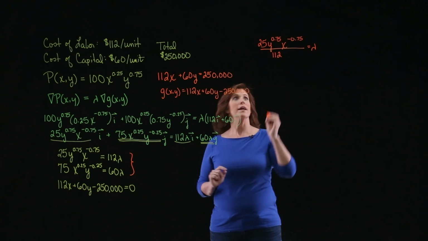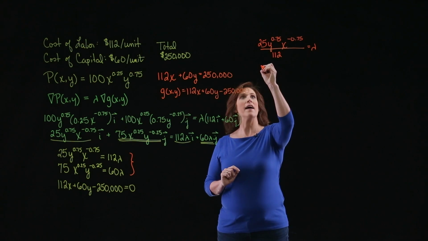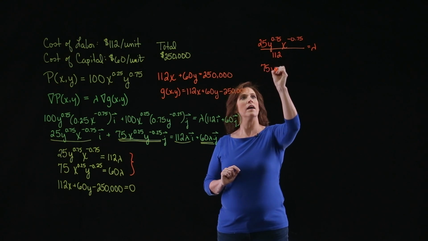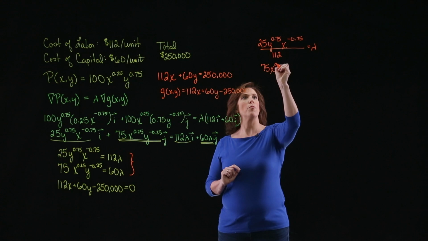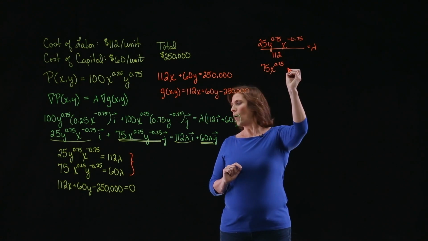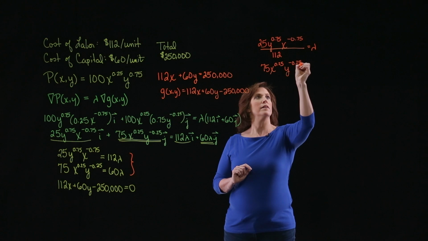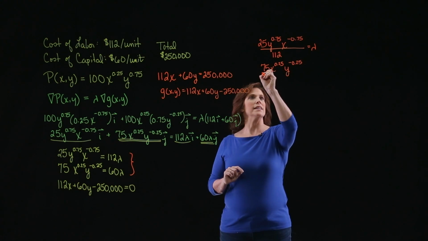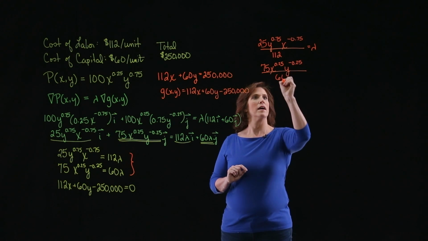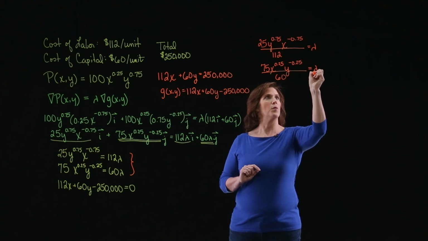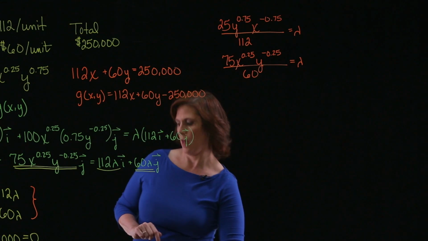And for my second equation, I'll have 75 x to the 0.25 y to the minus 0.25 all over 60 also being equal to lambda.